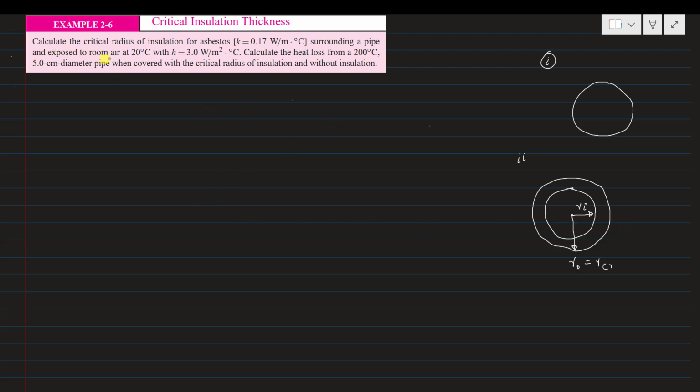Okay, the given data: thermal conductivity of the insulation, asbestos, K, is 0.17 W/m°C, surrounding a pipe and exposed to room air.